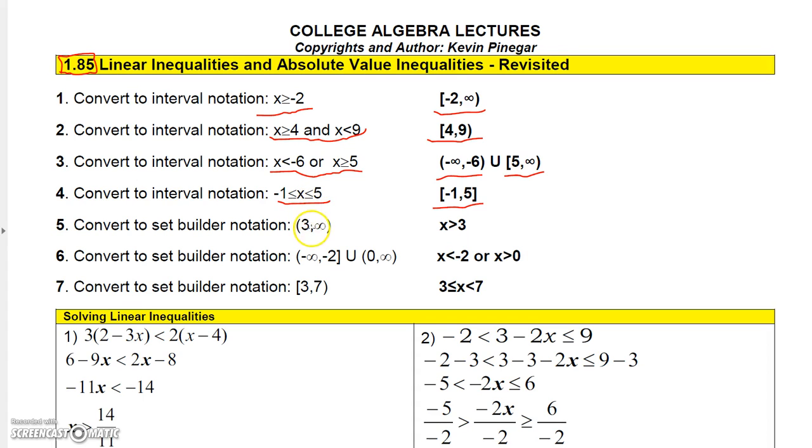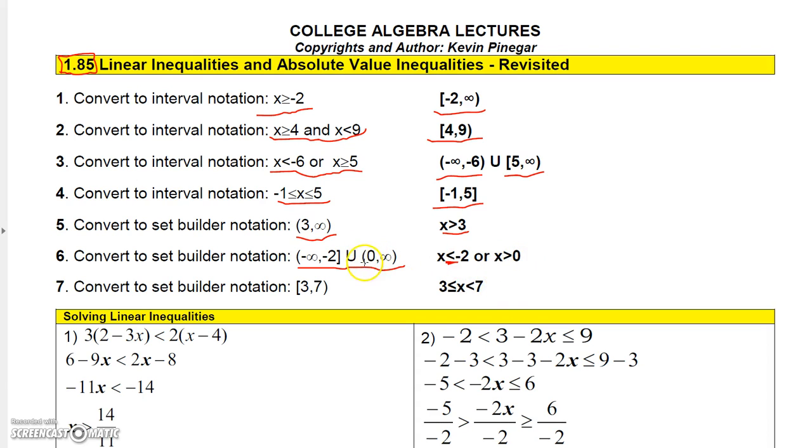And then I've got a few problems that go from interval notation and then you convert to set builder notation. Like here's the interval notation for x is greater than 3. Here's a union of two sets. The first set is x is less than or equal to -2 because of the bracket, and then or x is greater than 0.